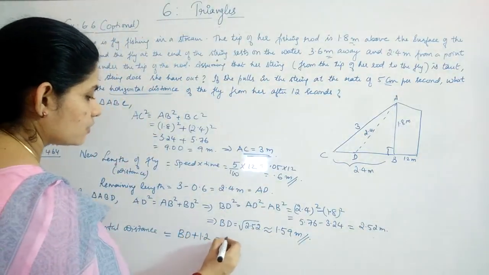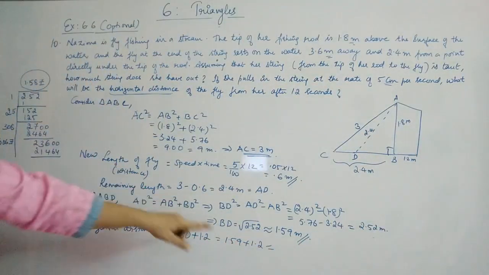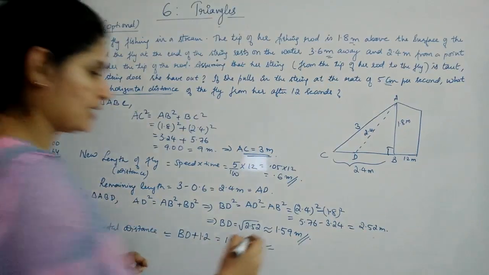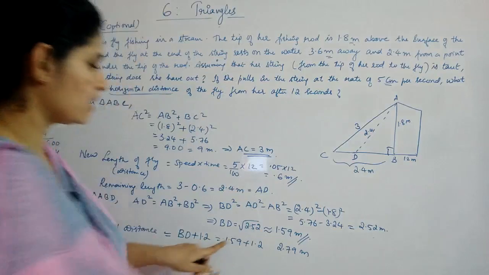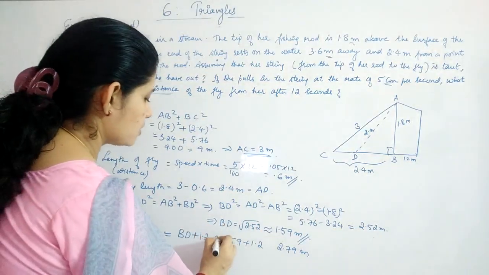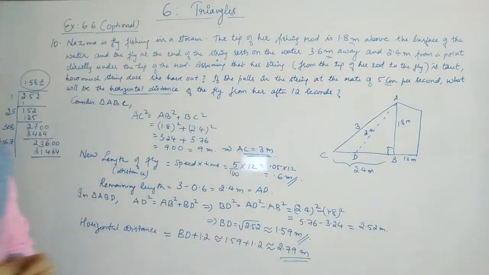So that will give you 1.59 plus 1.2. How much will you get here? 2.79. And this is also approximate because here we have taken the approximate value, so the answer which you are getting is also approximate. 2.79 meter is the horizontal distance.